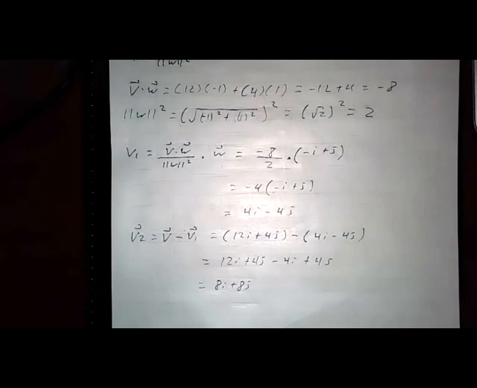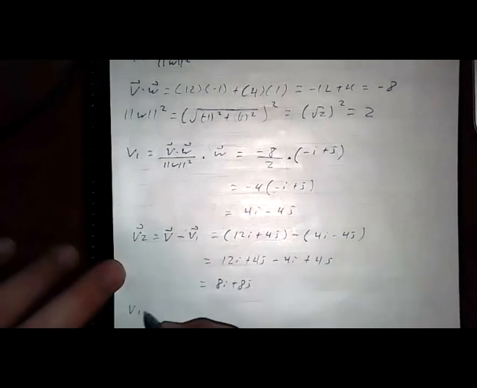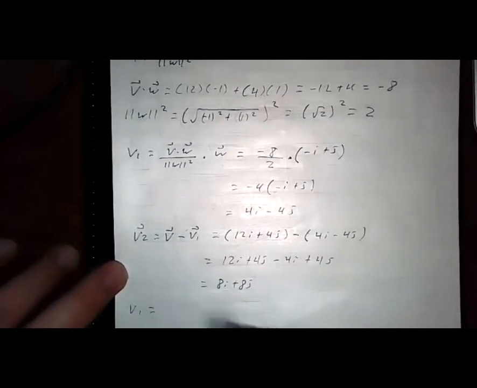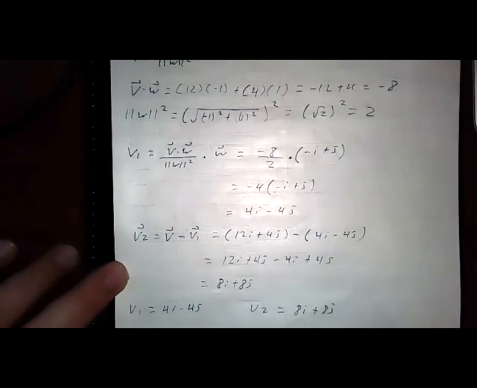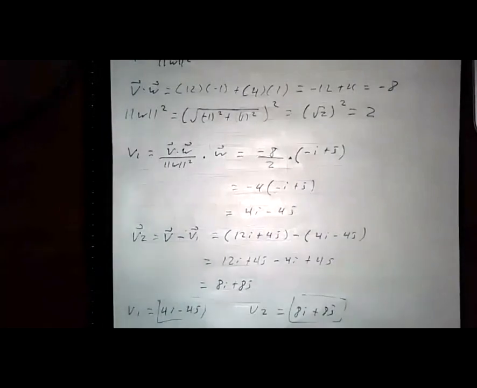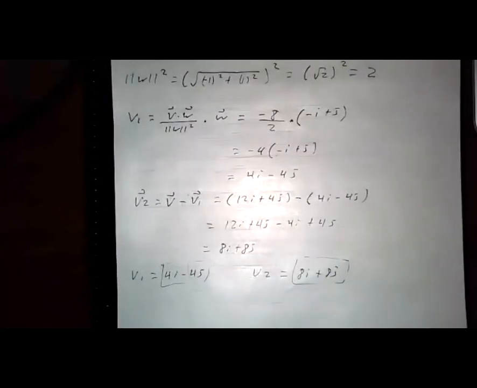So that's it. There's V1 that they asked for, which was 4I minus 4J, and V2, which is 8I plus 8J. Just use these two formulas, and that's all you have to do. Whenever you see decompose V into two vectors, this is the formula you've got to use.